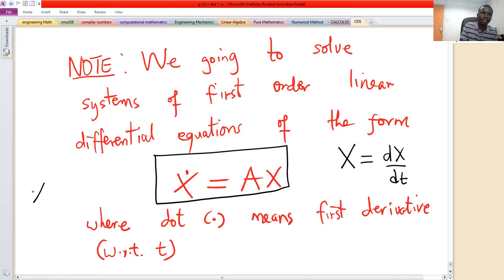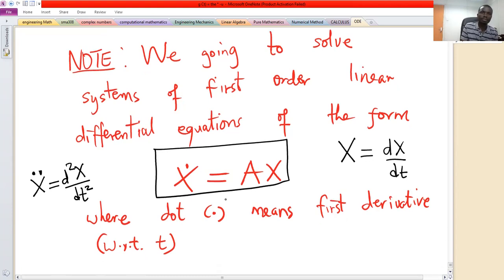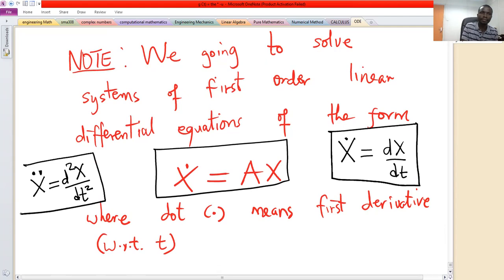So when you write x dot and then another dot, this means the second derivative of x with respect to time. Sometimes the independent variable may be x instead. So that's the convention. If you put a dot here, then it means that you are differentiating with respect to time. If you put two dots, differentiating with respect to time twice.